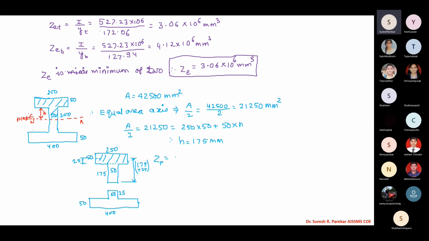And then we have 250 into 50 into 200, which will be our first part.